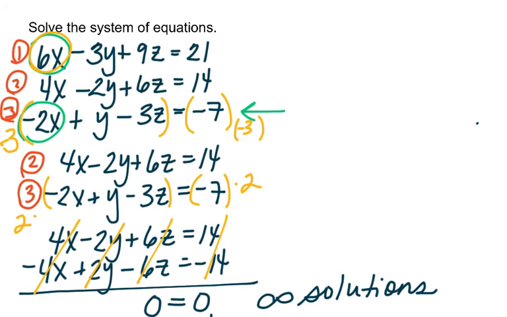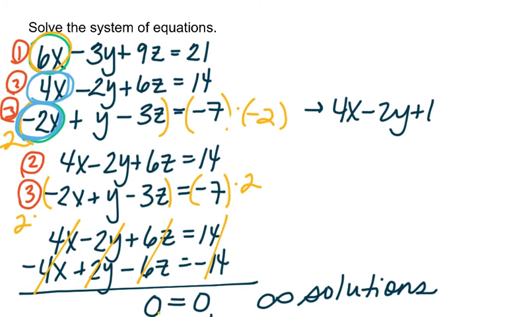And then we could do the exact same thing, looking at equations 2 and 3. So again, I have negative 2x for my leading term in the third equation, and my second equation has a 4x. So I would have to multiply my third equation by a negative 2. So if I multiply the third equation by negative 2, I end up with 4x minus 2y plus 6z equals 14.